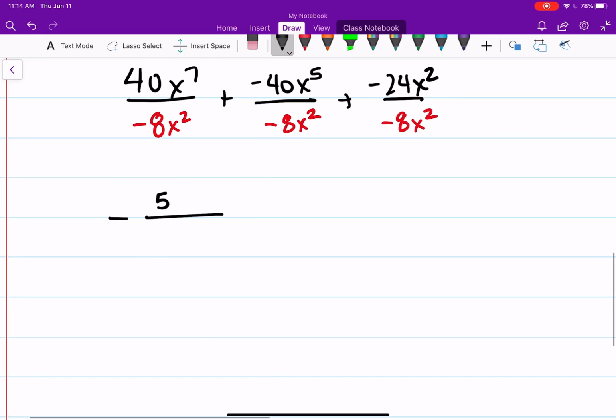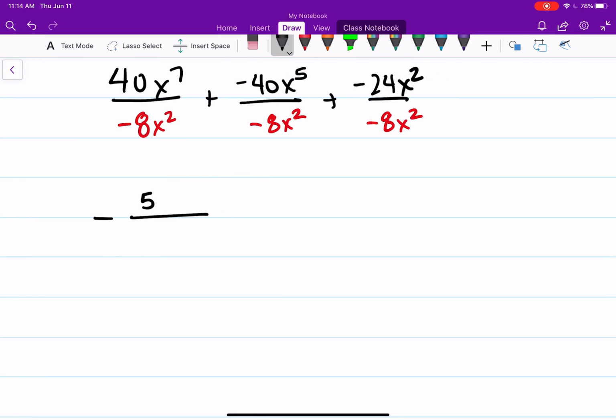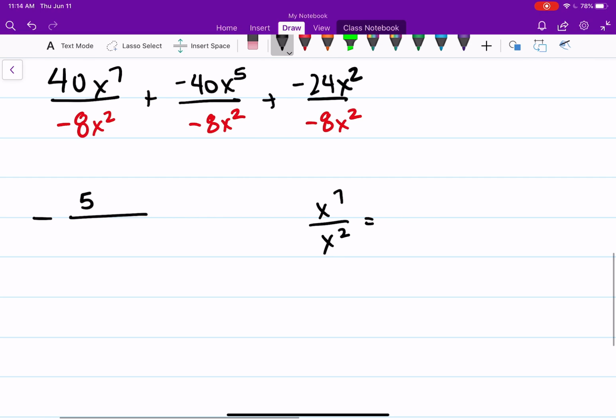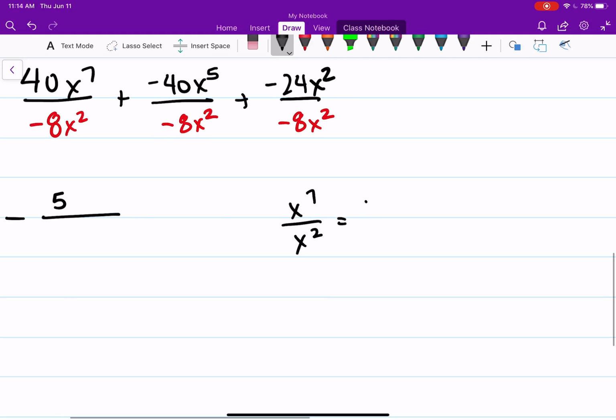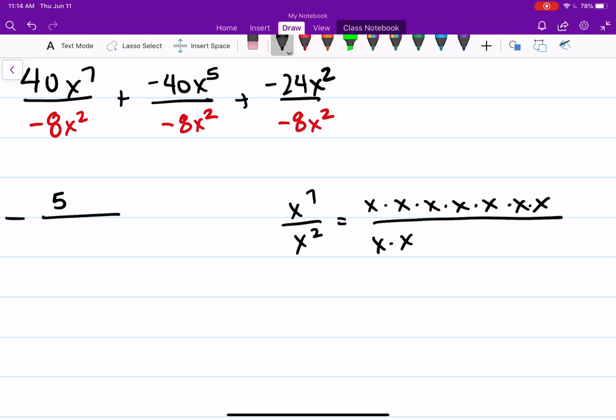In case you're wondering what I mean when I say that: if I have x to the 7th over x squared, then the top, x to the 7th, means x times x times x times x times x times x times x, 7 of them, over x squared, which means x times x. So what happens? I have x over x, and that is equal to 1.